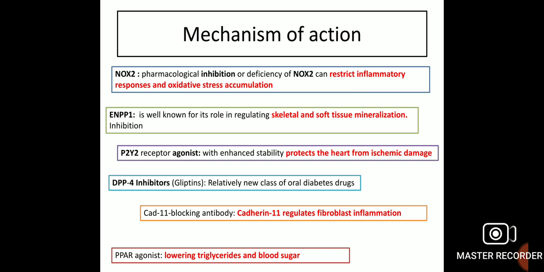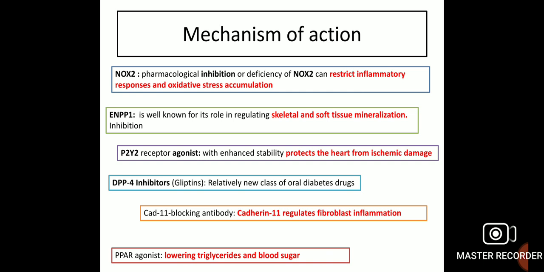Then DPP4 inhibitors, also called gliptins, which are a relatively novel class of anti-diabetic drugs, particularly used for type 2 diabetes by oral treatment. Then cadherin 11 blocking antibody. Cadherin 11 regulates fibroblast inflammation, so that inflammation needs to be blocked.